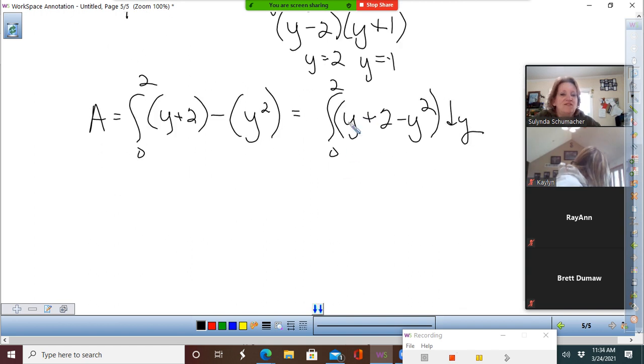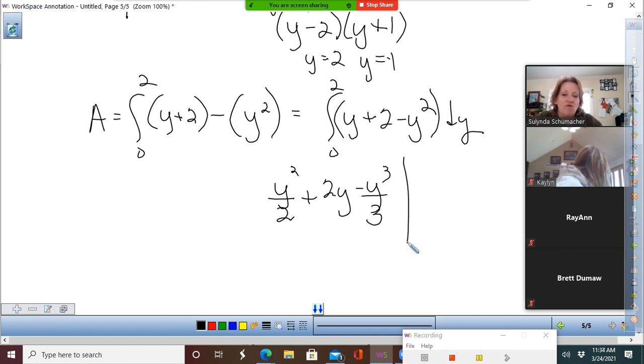So in this case, y becomes y squared over 2. 2 becomes 2y. And -y squared becomes -y cubed over 3. We're going from 0 to 2. So plugging in 2, I have 2 squared, which is 4, divided by 2 is 2.